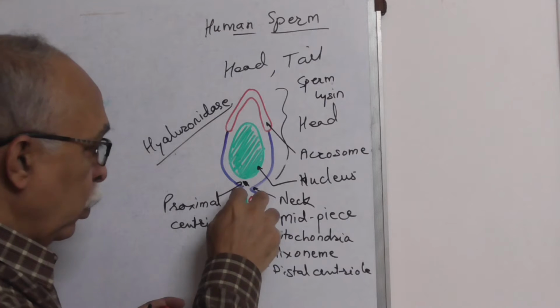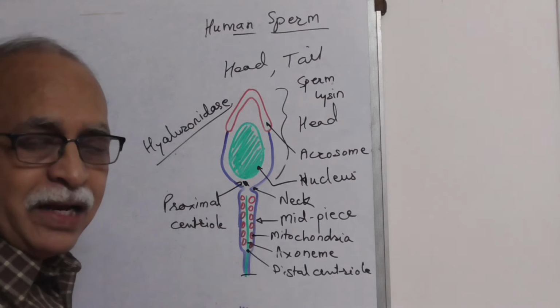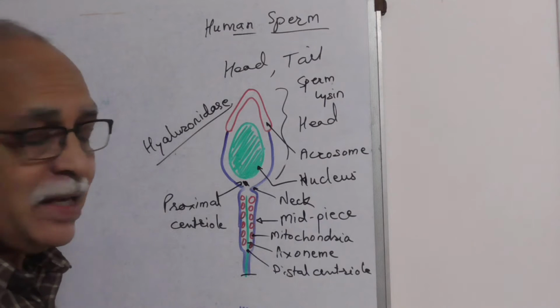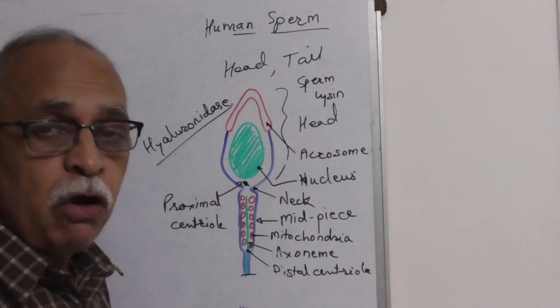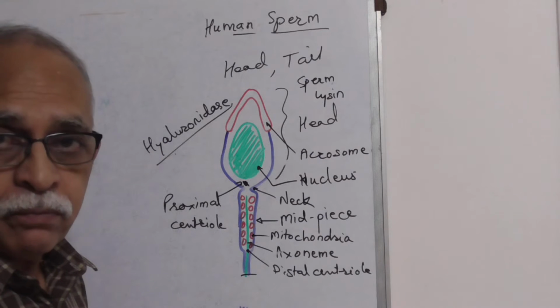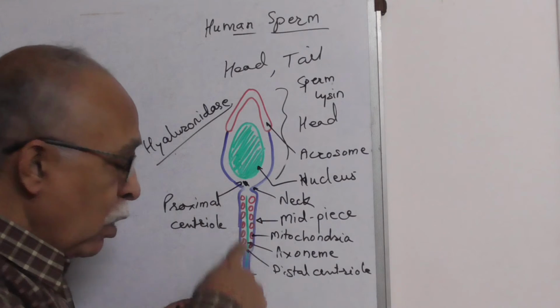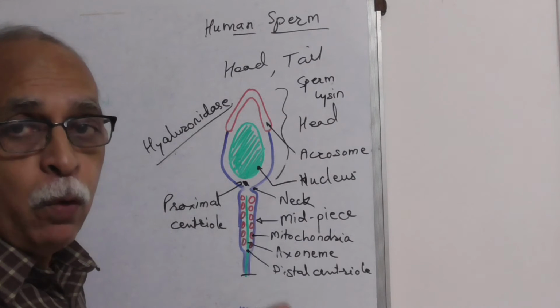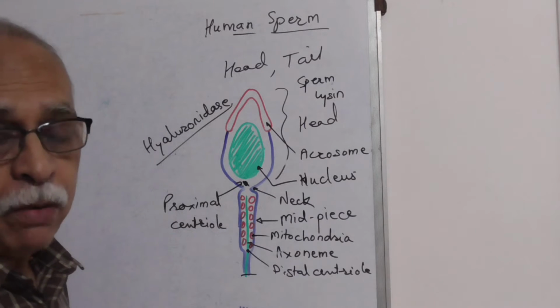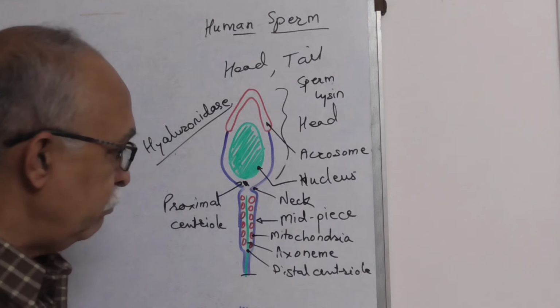Then the centriole, proximal and distal centrioles, these are actually meant for defining the poles at the time of cell division. Cell division in the sense the mitotic divisions of the zygote, the fertilized egg cell. So these two are required for defining the poles for the astral spindle to be formed for the mitotic divisions.